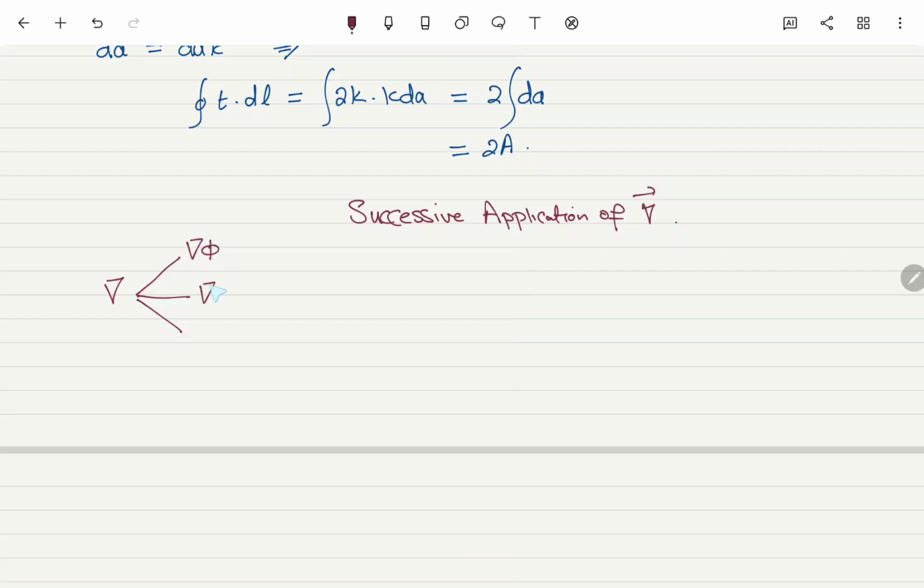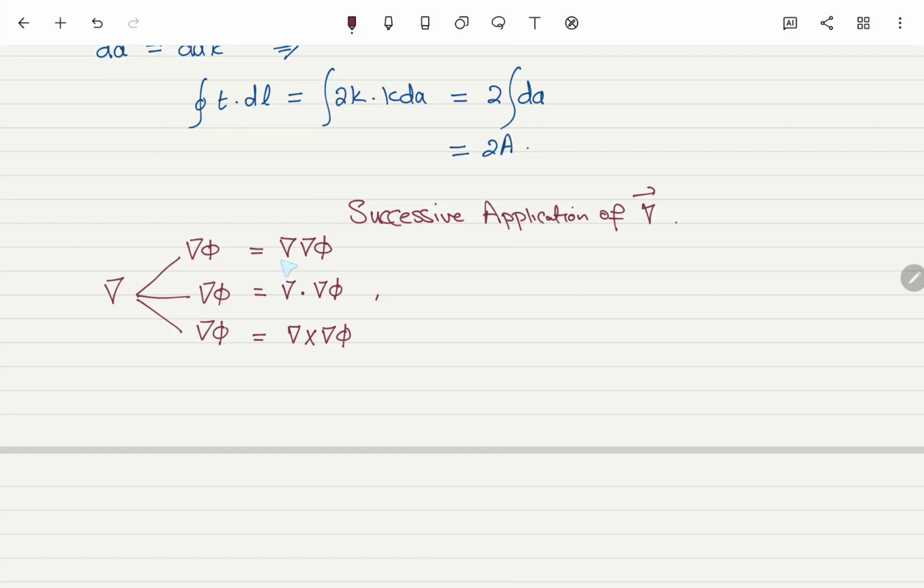We can just directly apply the del on the gradient like this, and we can apply the del operator in the other ways as well, like this one here.